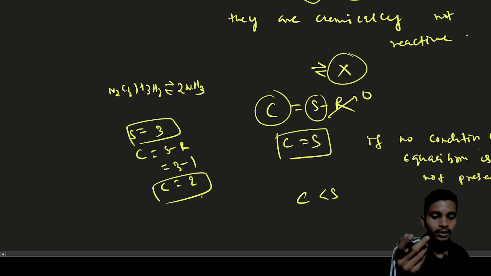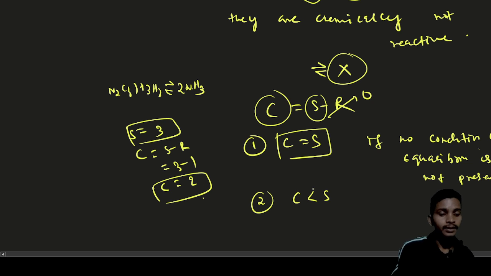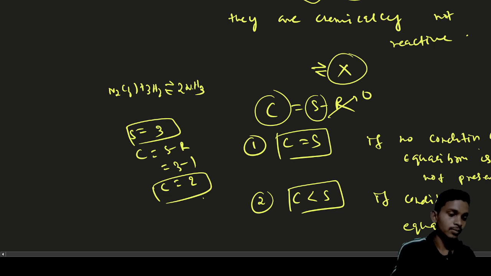So species is 3 and components is 2. To summarize: if there is no condition or equilibrium is not present, then C equals S. If the equilibrium condition is present, then components are less than species, or species is greater than components.